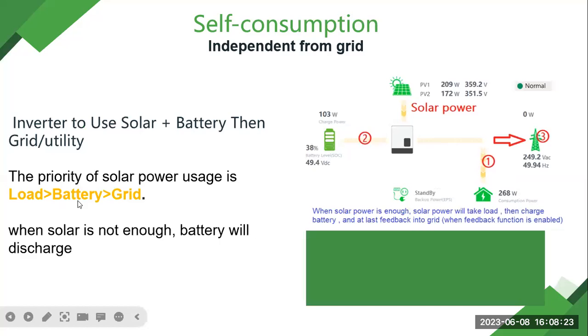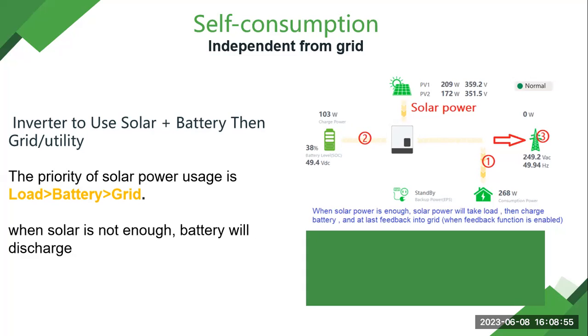So from the solar, you use the solar to take the load, to charge the battery and feed into the grid. If the solar is not enough, since for the self-consumption mode we want to use as little power from the grid as possible, the battery will compensate the extra.